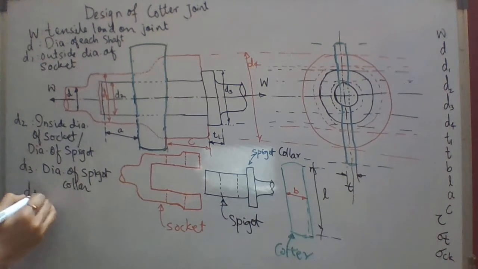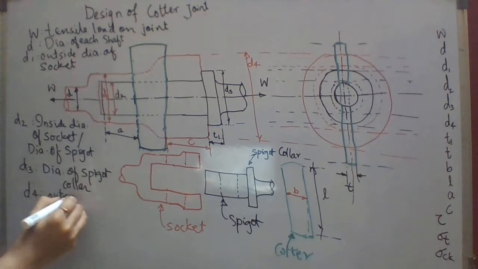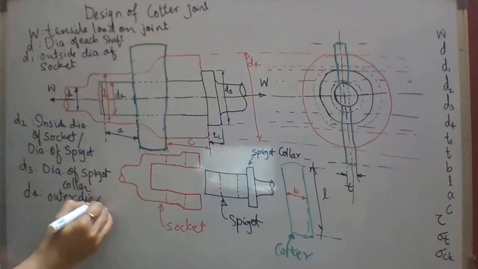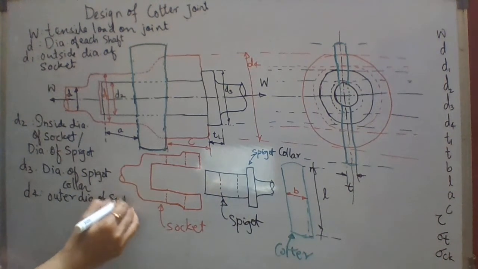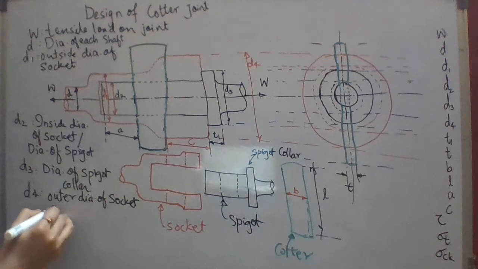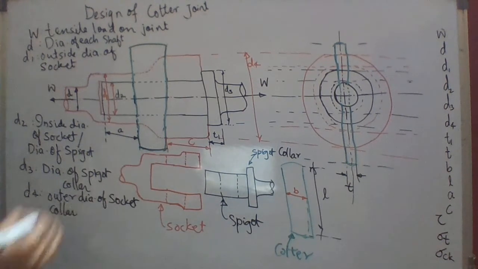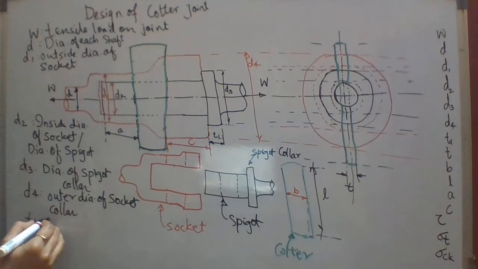D4 is the outer diameter of the socket collar. Now T1 is the thickness of the spigot collar.